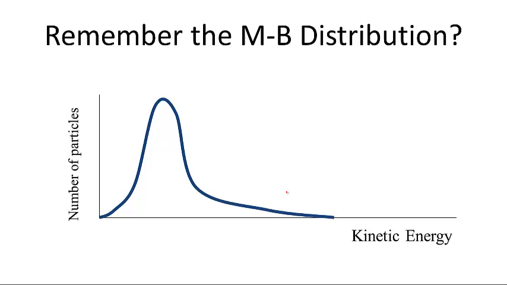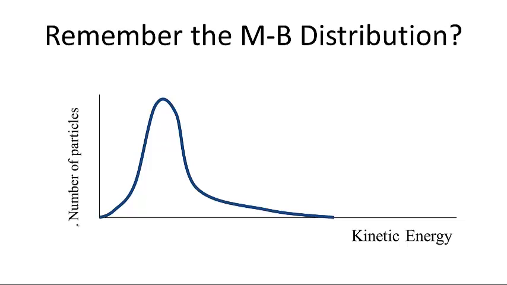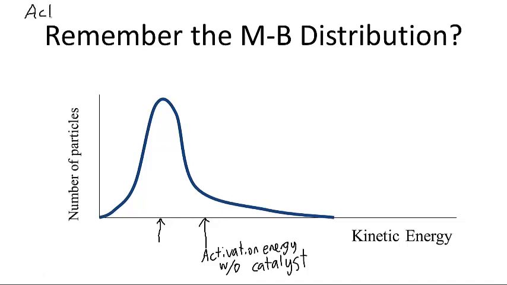So now if I take the same distribution and I have a given activation energy for an uncatalyzed reaction, and I think about, what about if I lower that activation energy? And actually, I don't know why I didn't do this earlier. Activation energy, we abbreviate as EA.